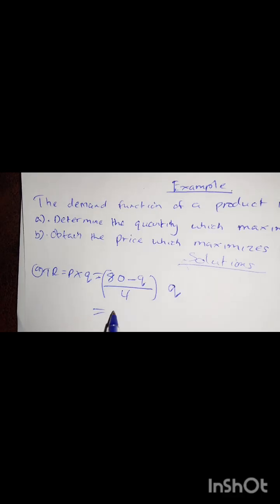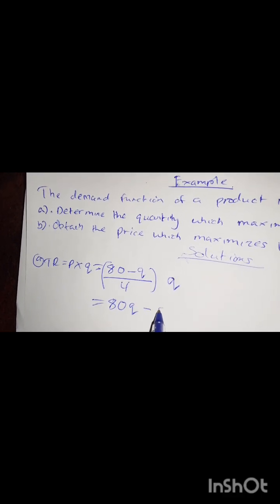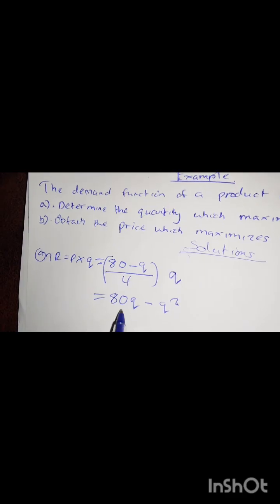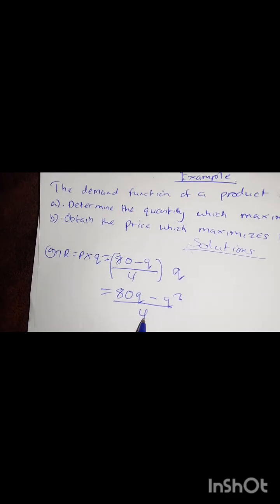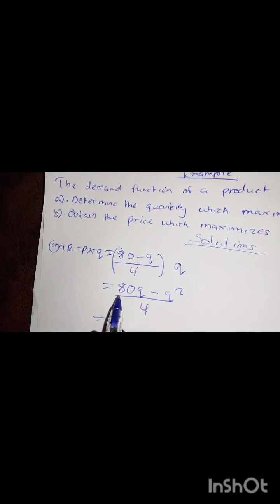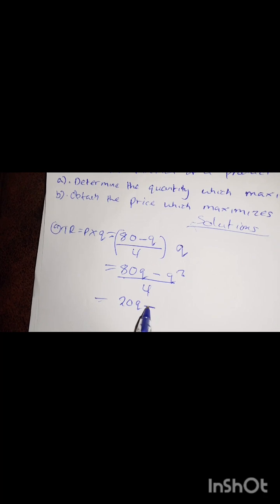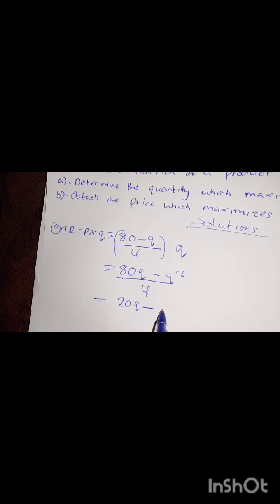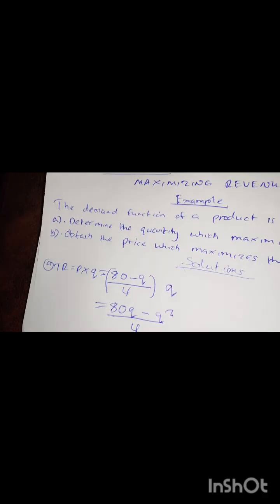We are going to have 80Q minus Q squared over 4. From here, we can divide throughout by 4: 20Q minus 1 over 4 Q squared. So this is our total revenue function.